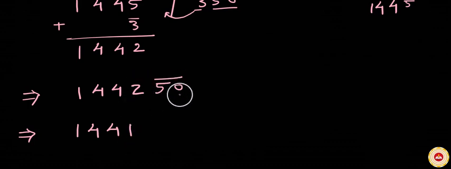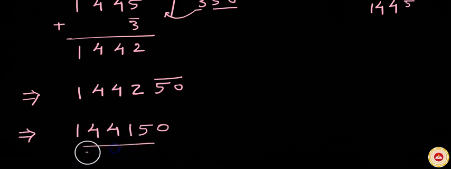Now the last digit is 0, so let us consider this negative 5 as the last negative digit in this number. Let us subtract this 5 from 10. 10 minus 5 is 5, and write this 0 as it is. So the answer is 144150, that means 1,44,150. This is the final answer.